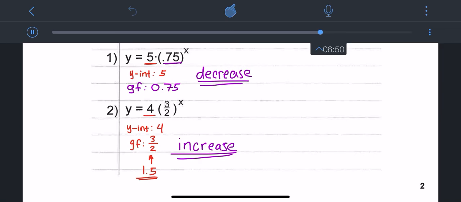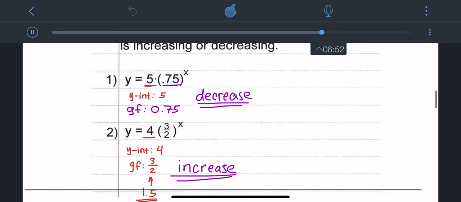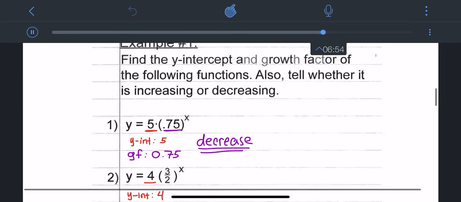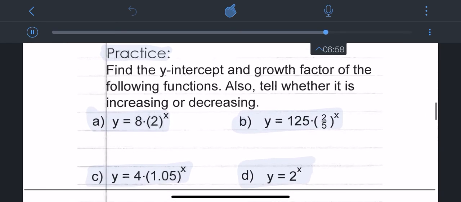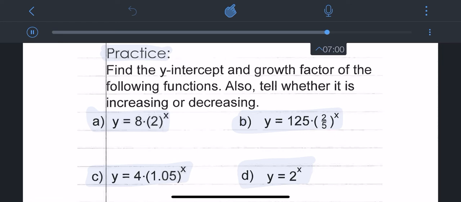Okay, so like I said, you didn't have to copy this problem down. What I want you to do for this next part is only copy down what I'm about to highlight. So copy down the word practice, and then copy these 4 problems down. You do not have to copy the paragraph, just the problems.